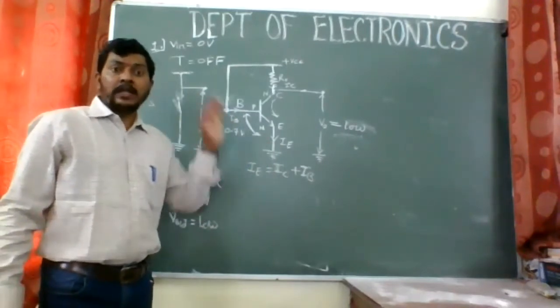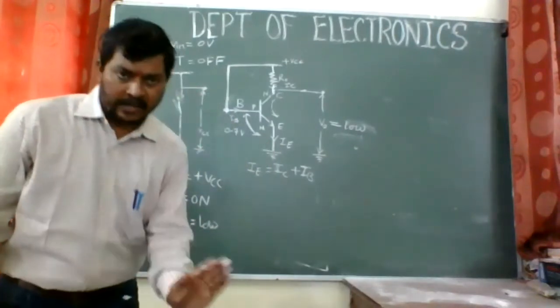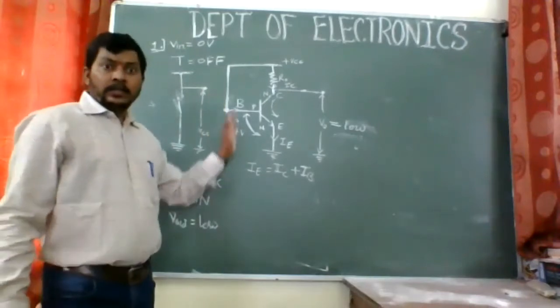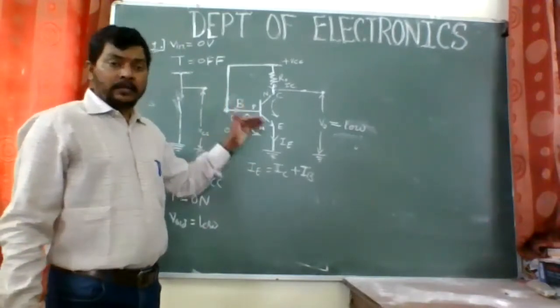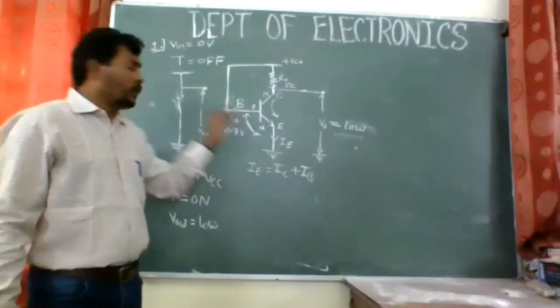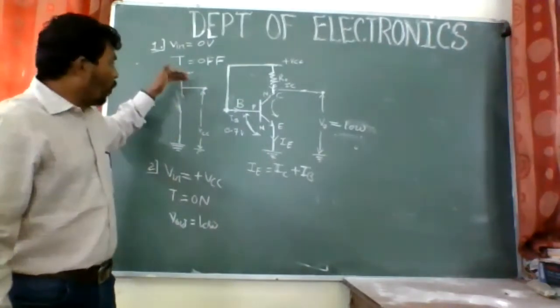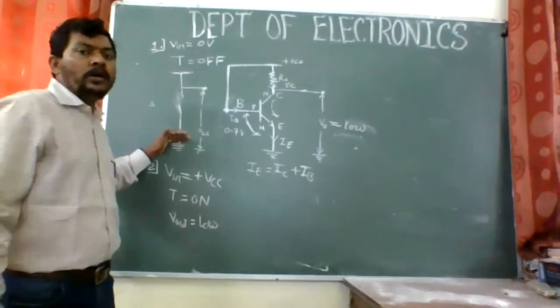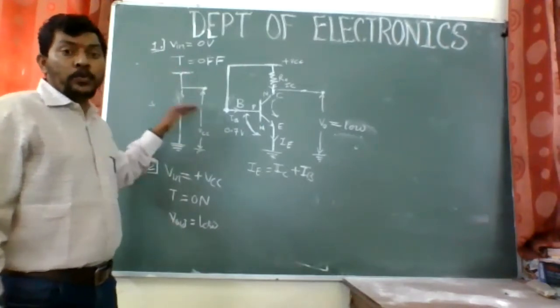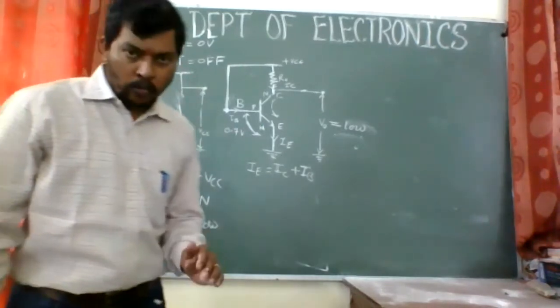This implies that the transistor is conducting and the transistor is on, meaning the switch is closed now. All of the voltage will drop across the load, and the output voltage will become very low.